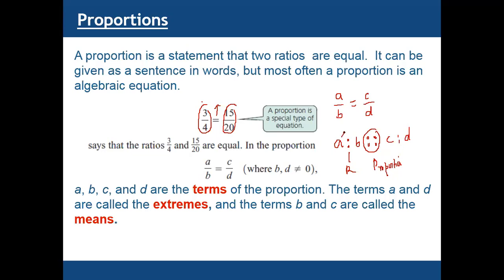These two values, A and D, are called extremes. And the middle two are called mean values.